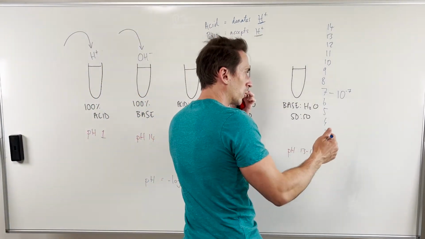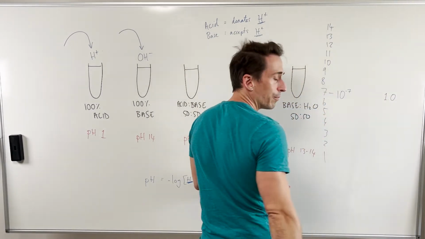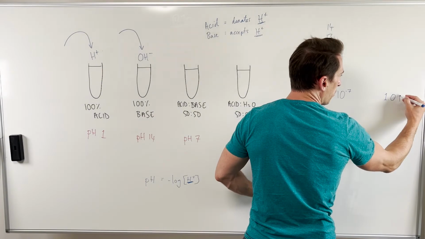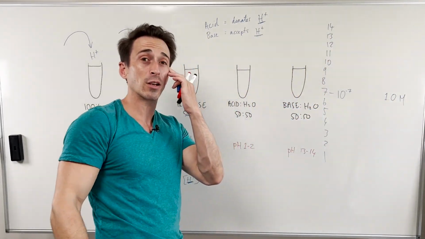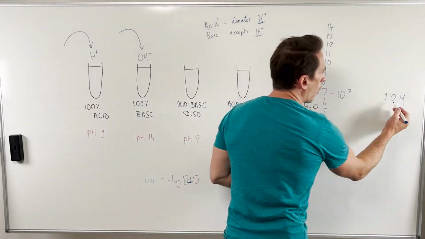And you're going, what are you talking about? Have a look. If I write 1.0 and the concentration is molar, and you're probably thinking, I don't understand that concentration. Don't worry, you'll do that in medications. So you've got 1 molar.